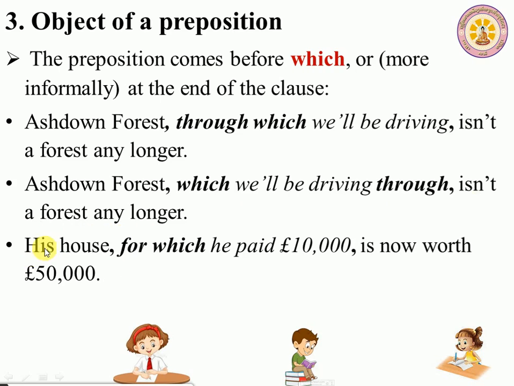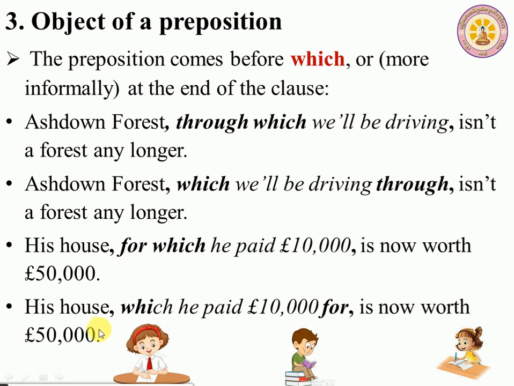Okay, one more example. His house, for which he paid £10,000, is now worth £50,000. Or you can say his house, which he paid £10,000 for, is now worth £50,000.